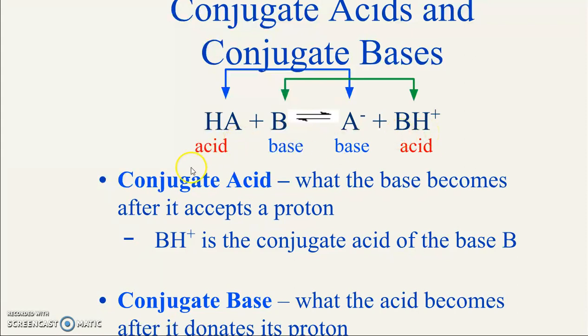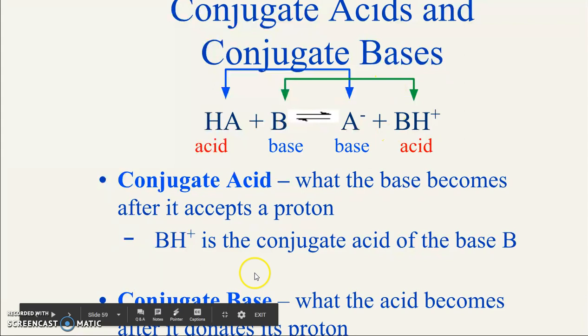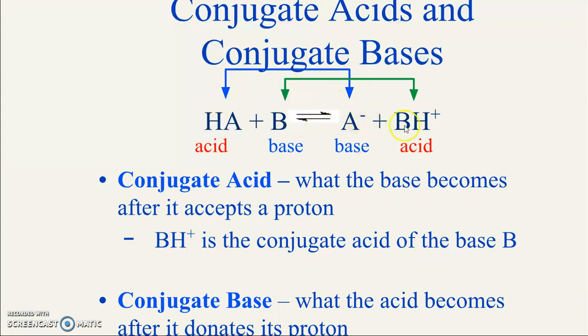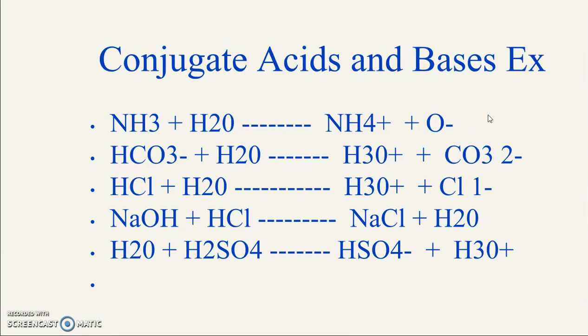So we would call this the regular acid and base, and we would call this the conjugate base and the conjugate acid. The conjugate acid is what the base becomes. So BH+ is the conjugate acid of the base B. It's what it becomes on the other side. And the conjugate base is what the acid becomes. So the acid, when it loses its hydrogen, becomes this base. All you have to do is really just pair up with what it becomes.